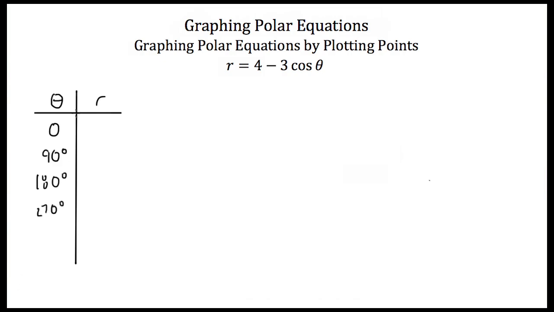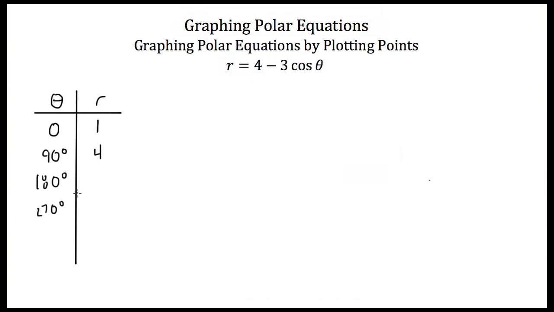If I plug these in, the cosine of 0 is 1. 1 times 3 is 3, 4 minus 3 is 1, so our r value would be 1. The cosine of 90 degrees is 0. 0 times 3 is 0. 4 minus 0 is 4.